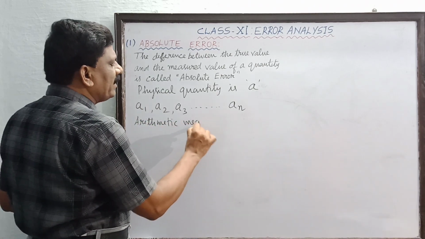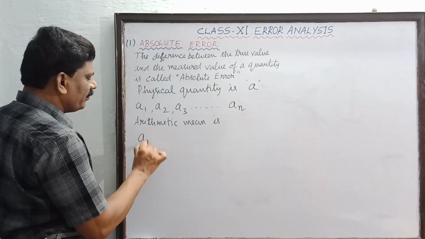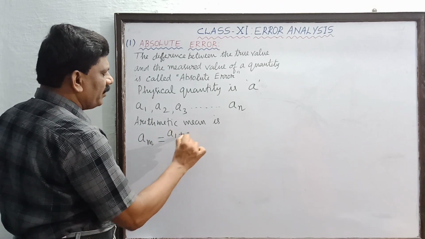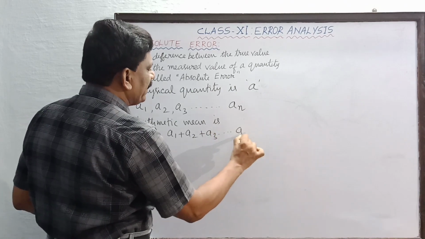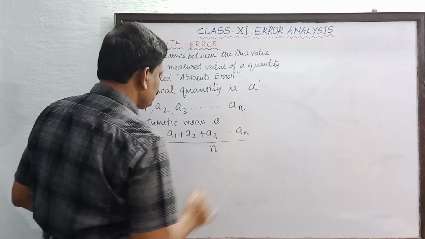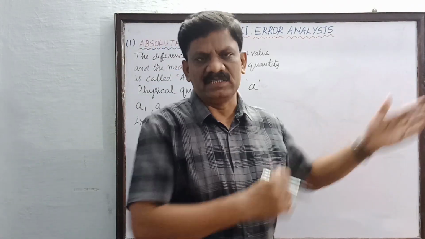So the arithmetic mean is given by AM. This is equal to A1 plus A2 plus A3 up to An, the nth term, the last term, whole divided by n. So the numerator is the sum of n number of terms.